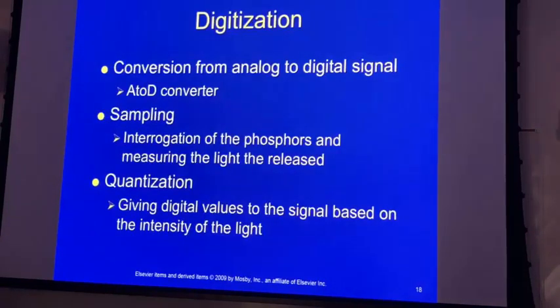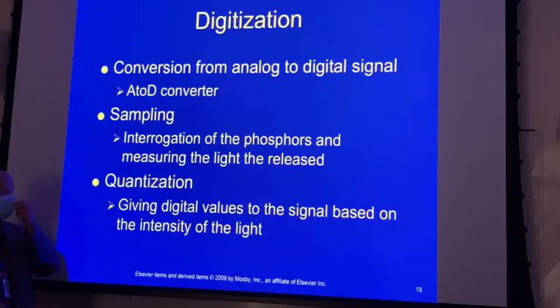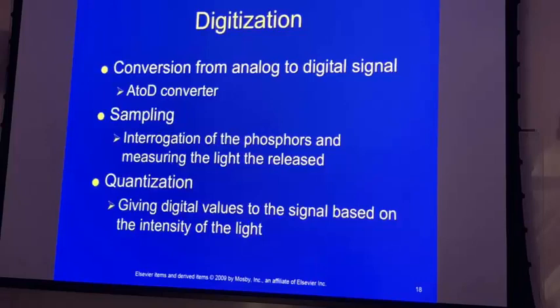The process of taking that information off the plate, the interrogation, is what we call sampling. So we sample the phosphors, measure the light that comes off as released, we quantize it, and give it a digital value so that in a digital world we can represent how much light that gave off, right?